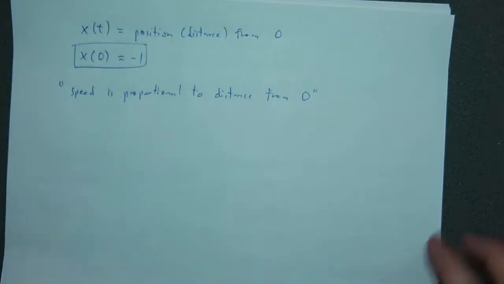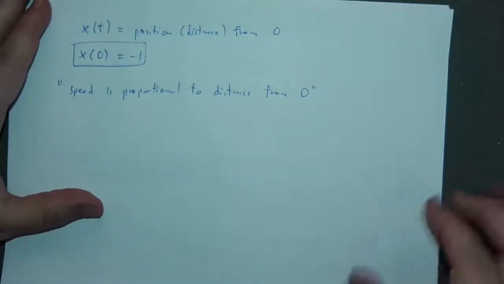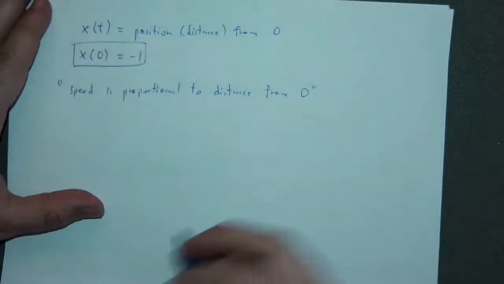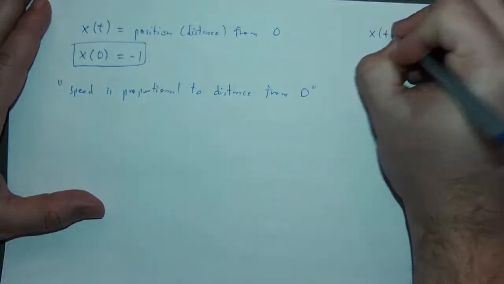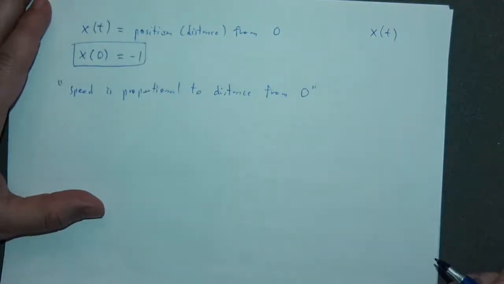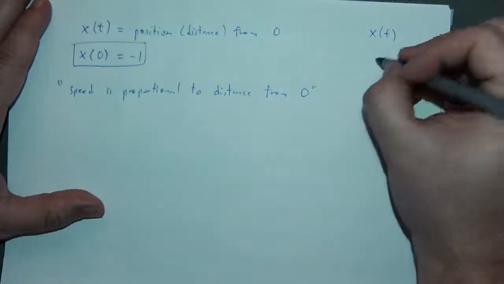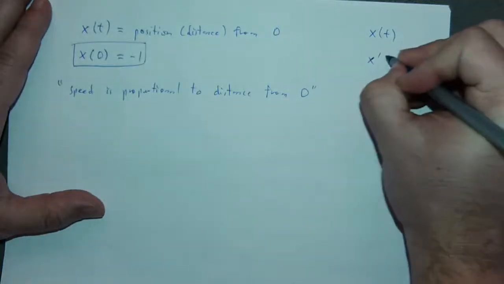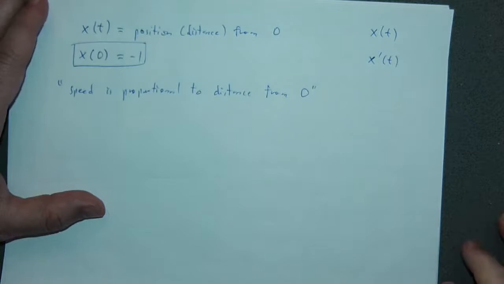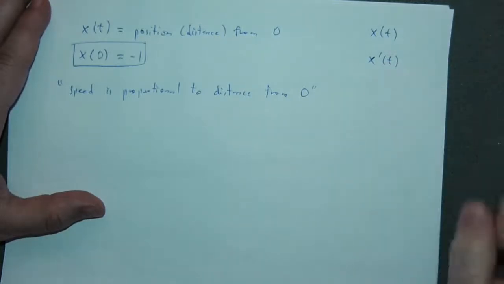Well, in terms of what we know about position functions, if you start out with a function that denotes position, how do you get at its velocity? Of course, the magnitude of its velocity is its speed, but how do you get to velocity, how fast something is moving? Well, you take a derivative. How do you get to acceleration? You would take 2 derivatives, but I'm happy to stop here for now.